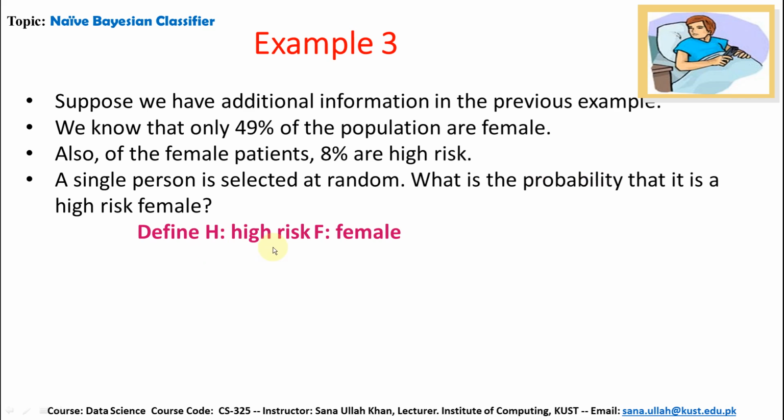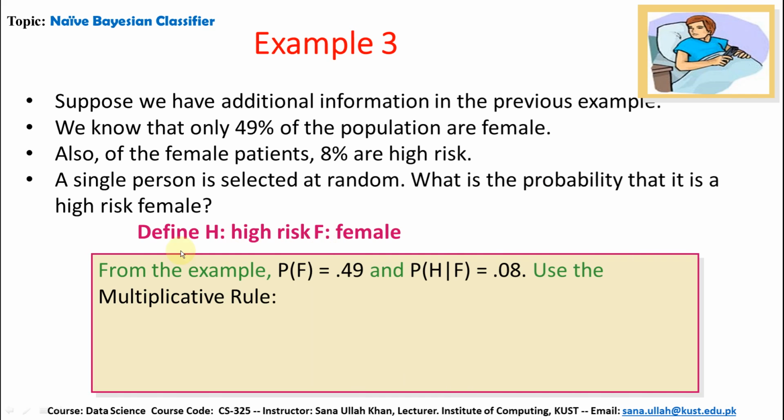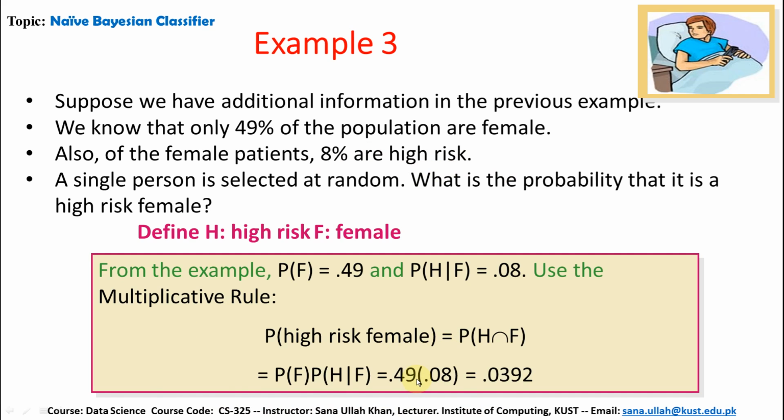Define H as high risk and F as female. The probability of F is 0.49 because total females are 49%. The probability of H given F is 0.08, also given. Using the multiplicative rule, the probability of a high risk female is the probability of H intersection F, which is the probability of F times the probability of H given F.